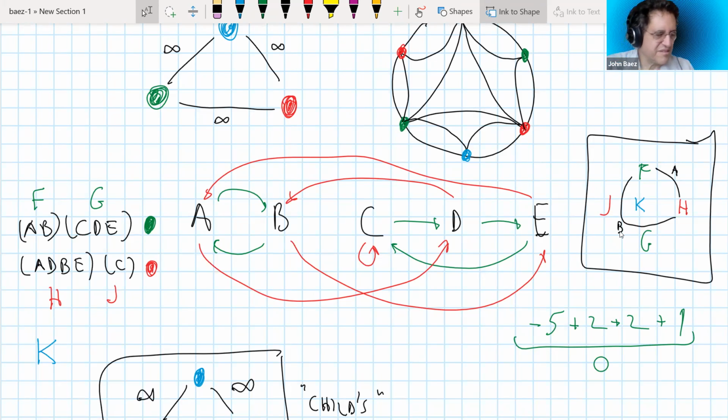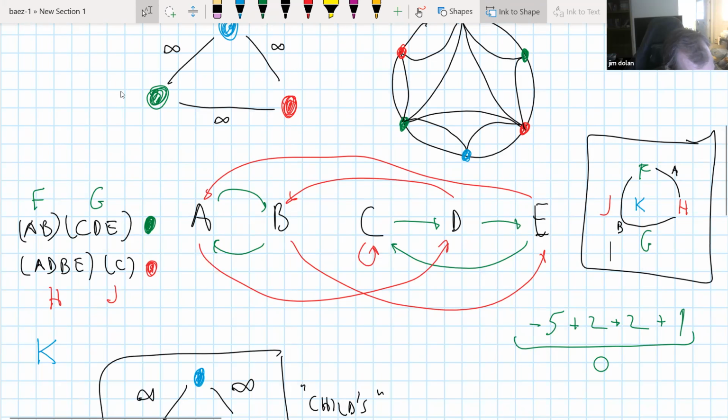So, right, that means that we're going to have these 5 triangles, which are, I'll think of it as going clockwise from, well, I guess from green to blue to red.